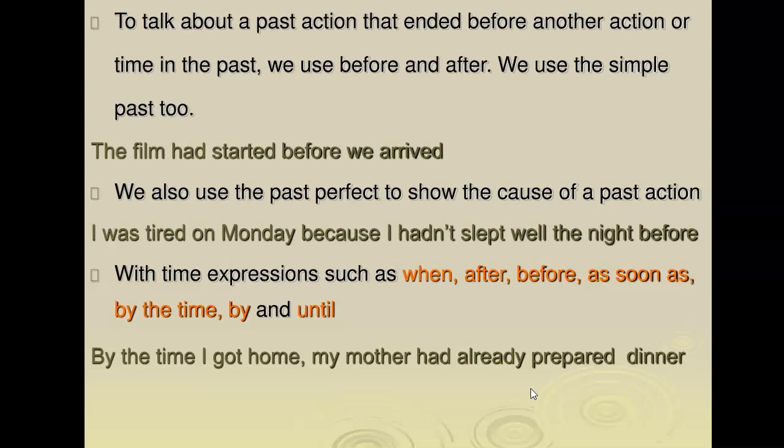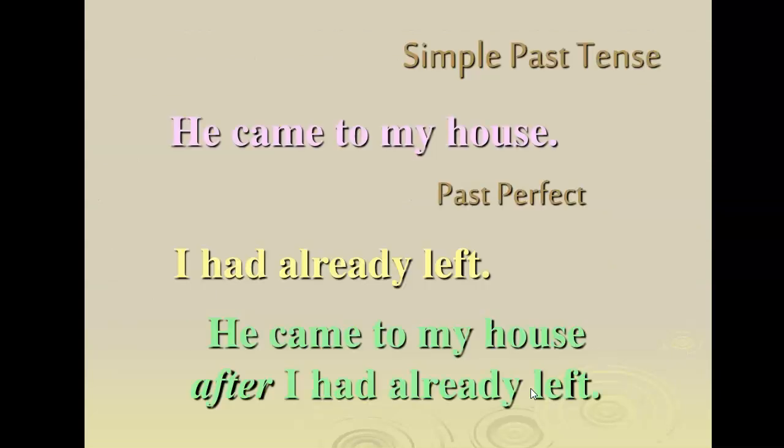With time expressions such as when, after, before, as soon as, by the time, by, and until. By the time I got home, my mother had already prepared dinner. Simple past tense, yeah? He came to my house. What about the past perfect? He came to my house after I had already left.